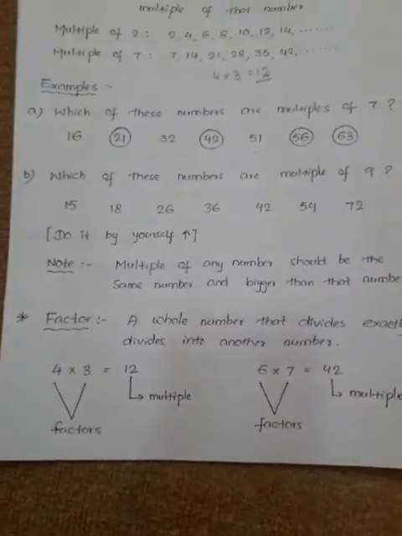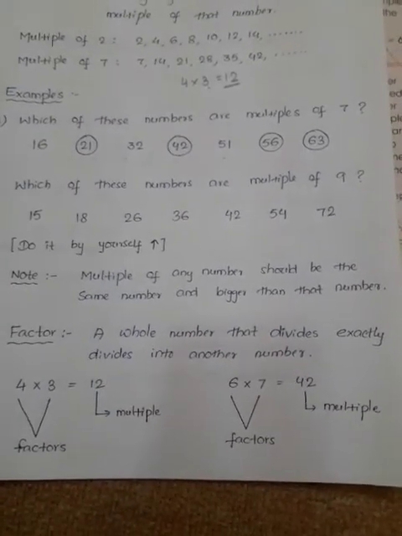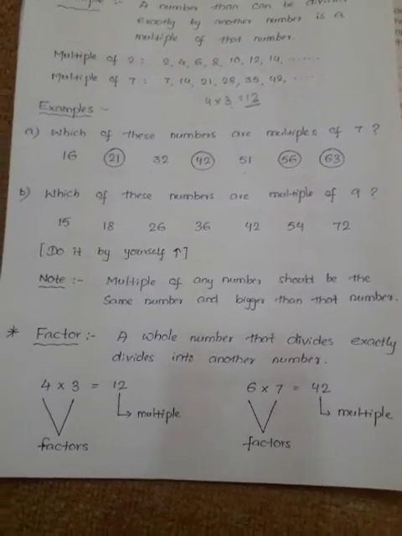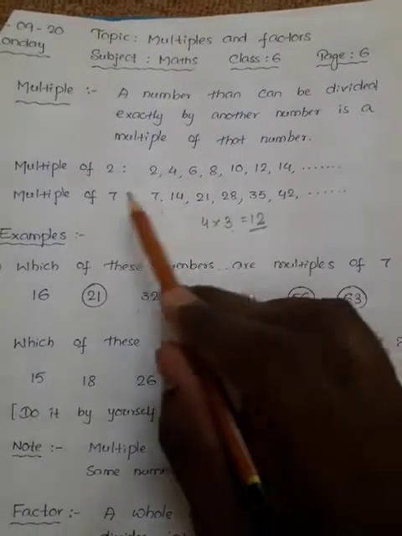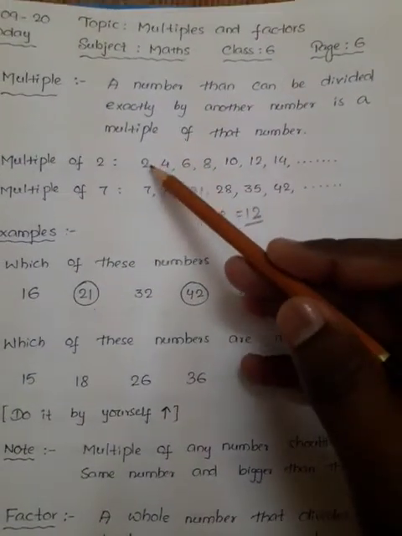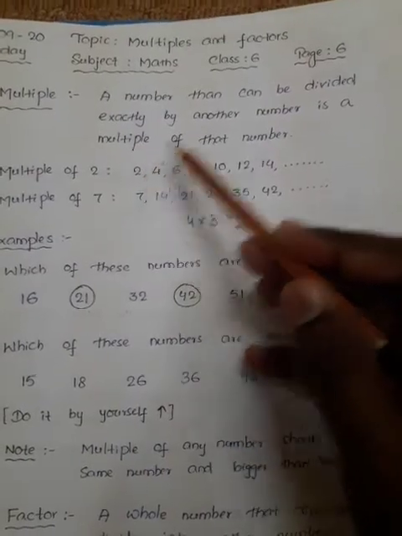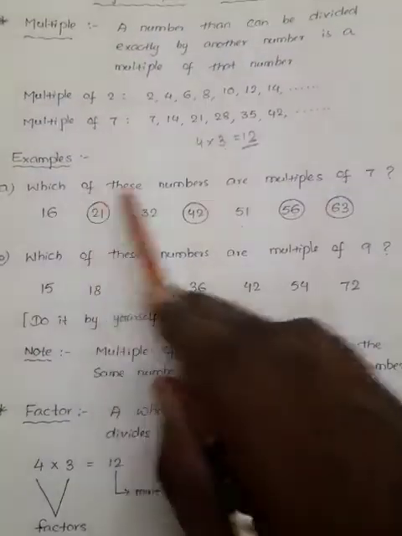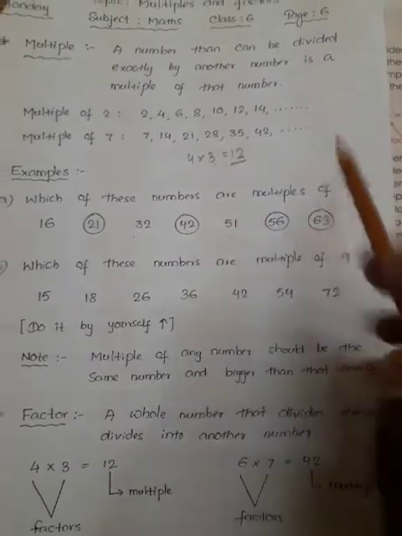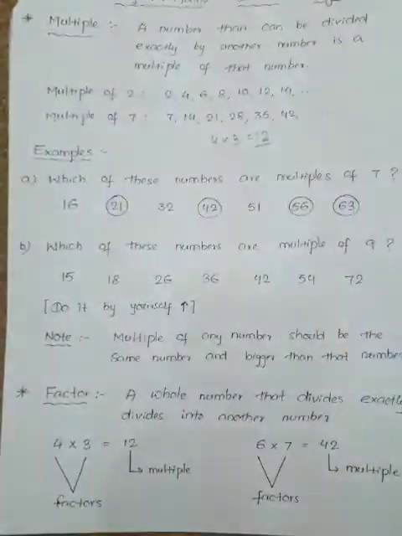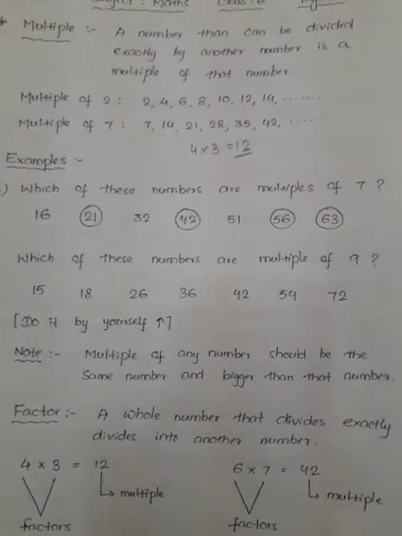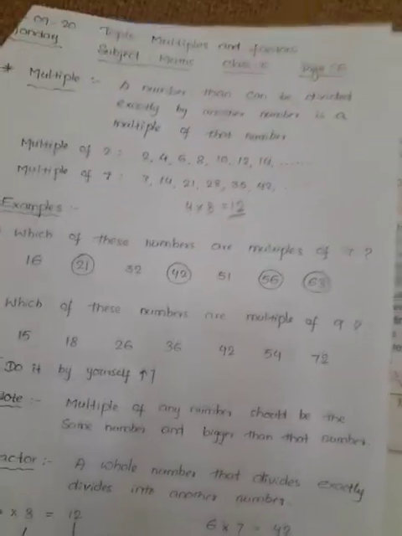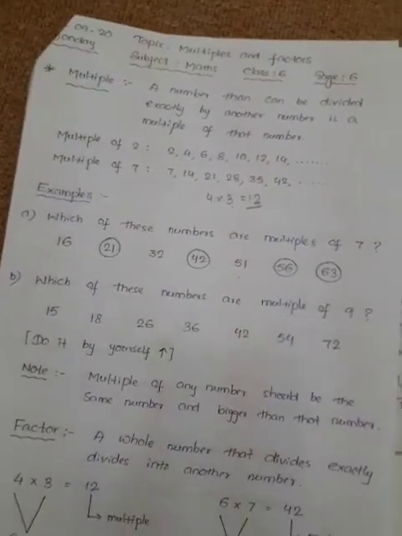Now note, remember: every multiple of any number is the same number or bigger than that number. For example, the multiples of 7: the same number, and the remaining are all bigger. Multiples of 2: 2, 4, that means the same number and then bigger numbers.